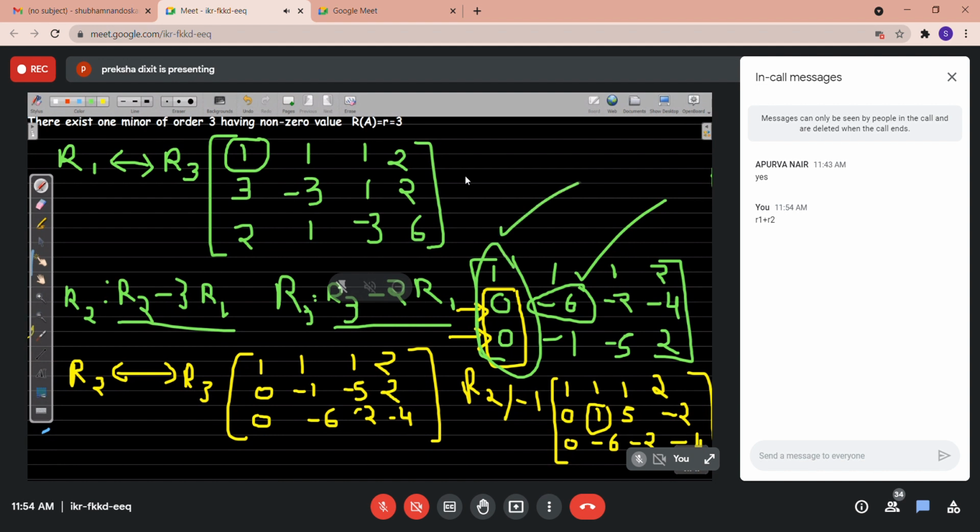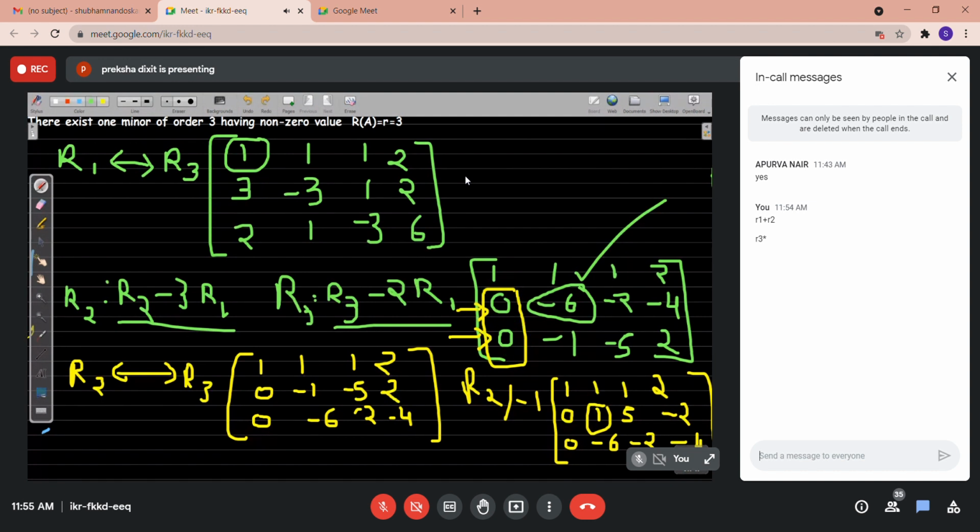That means once we have got 1, 0, 0 in the first column, I interchange without disturbing the first column. I have minus 1 in R3, row number 3, column number 2. But can I interchange? Yes, because in the first column at this position I have zeros. So if I interchange row 2 with row 3, there will be no change in the first column.